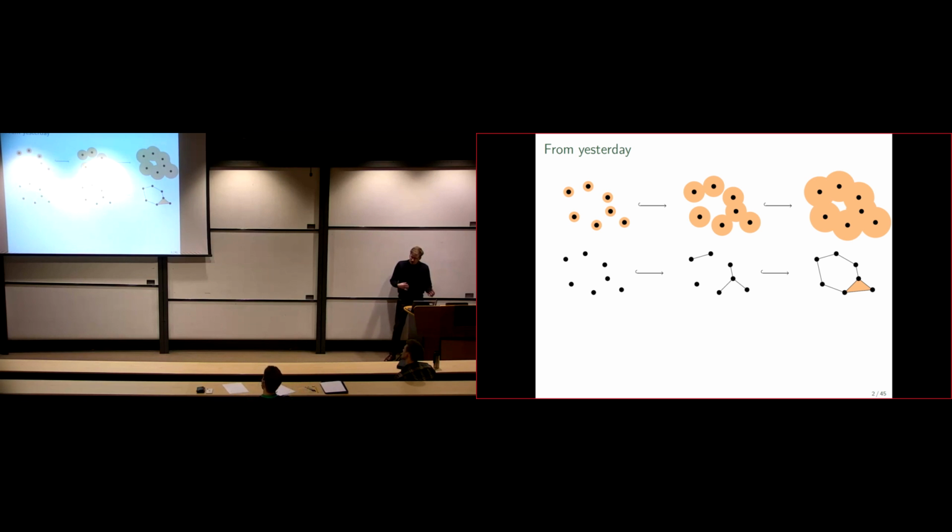The problem it tries to solve is to introduce some geometry among these points. If you just look at the data points as they are, they have a very uninteresting topology. It's just the number of points.